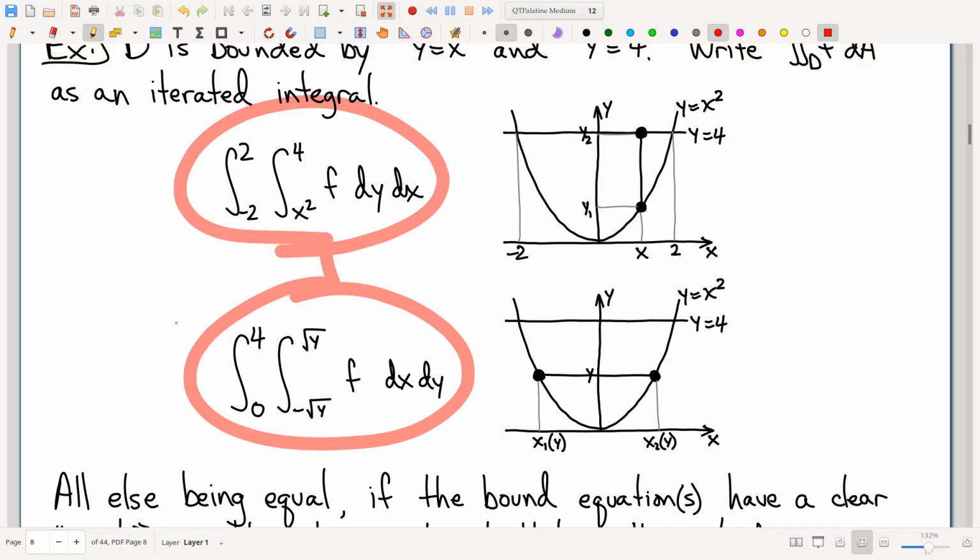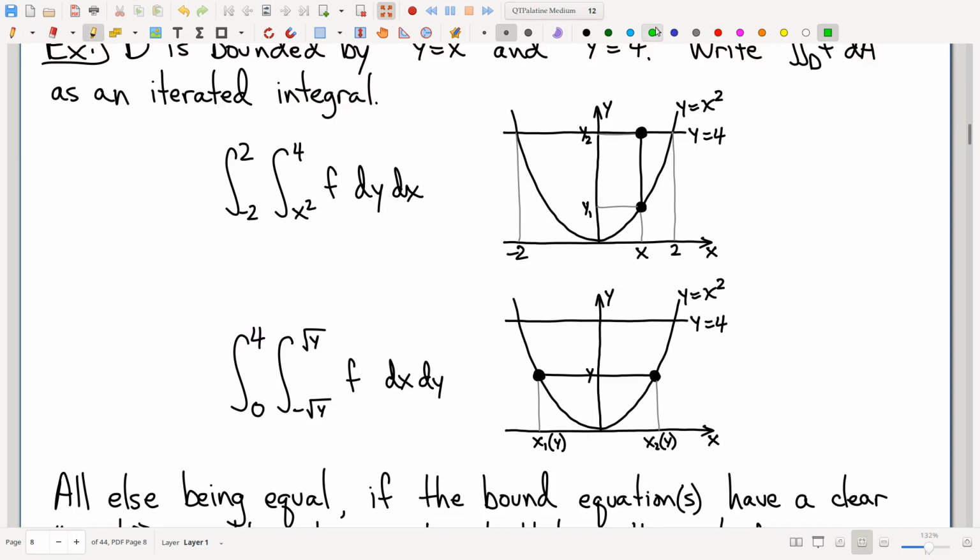And I'll tell you my personal preference. When I look at this one, and I think, how's my dy integral going to work out? The outside integral, the integrand is going to be whatever this inside integral works out to be. And I got to tell you, in this inside integral, I see square roots.